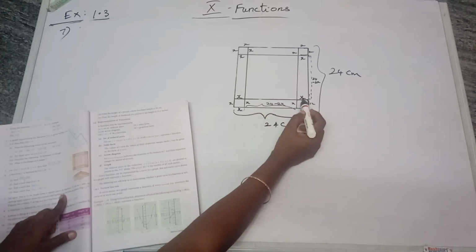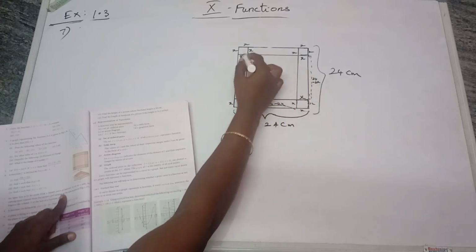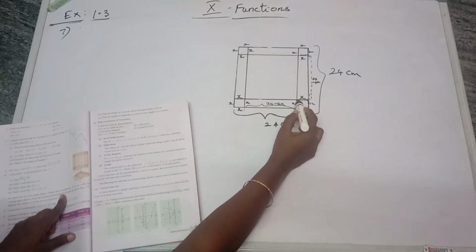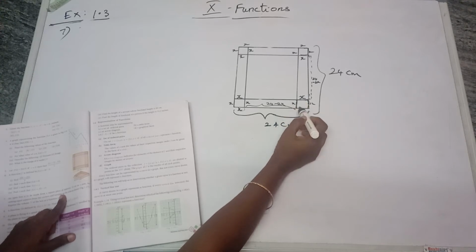You have to cut the squares, they should be equal, so equal squares you have to cut from these four corners. We don't know the side of the square in the corner, so we take the side of the cutting square as x.